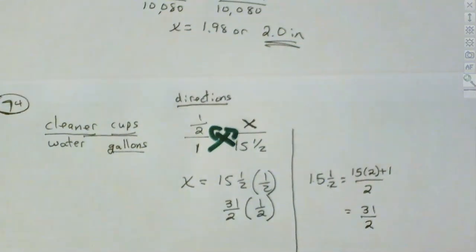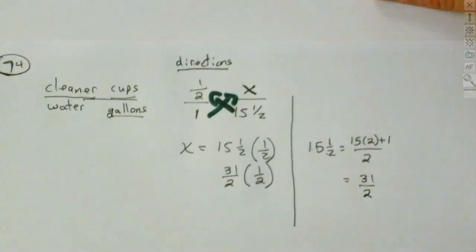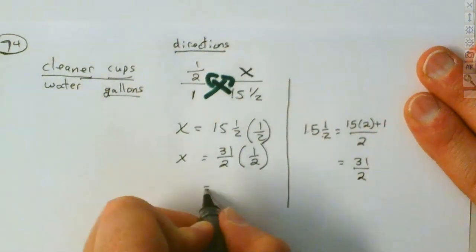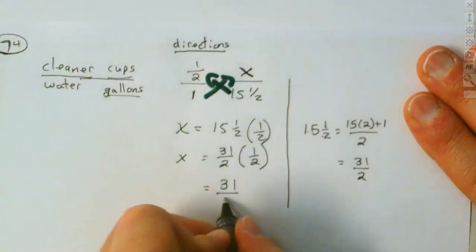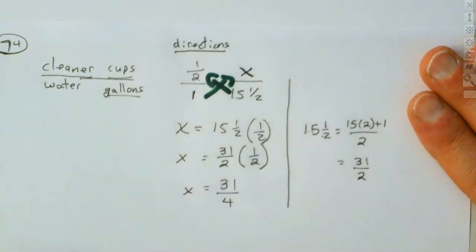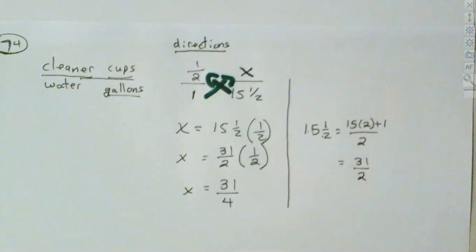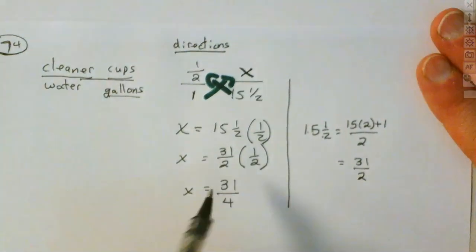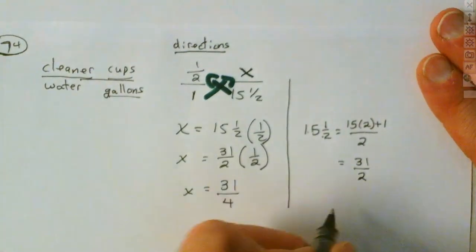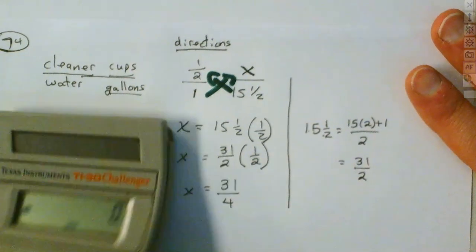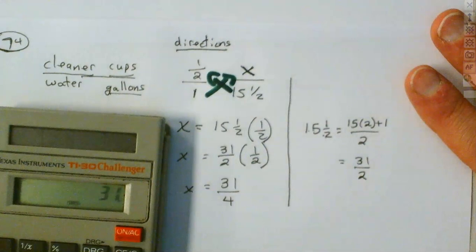Now we can finish it. Okay. So now we can go ahead and multiply, and that gives me 31 over 4. And let's convert this down into something that we can work with. So we need to know how many cups we're going to need. We're at 31 over 4. And what would 31 over 4 be as a mixed fraction? Okay, well, let's take our 31, divide that by 4.